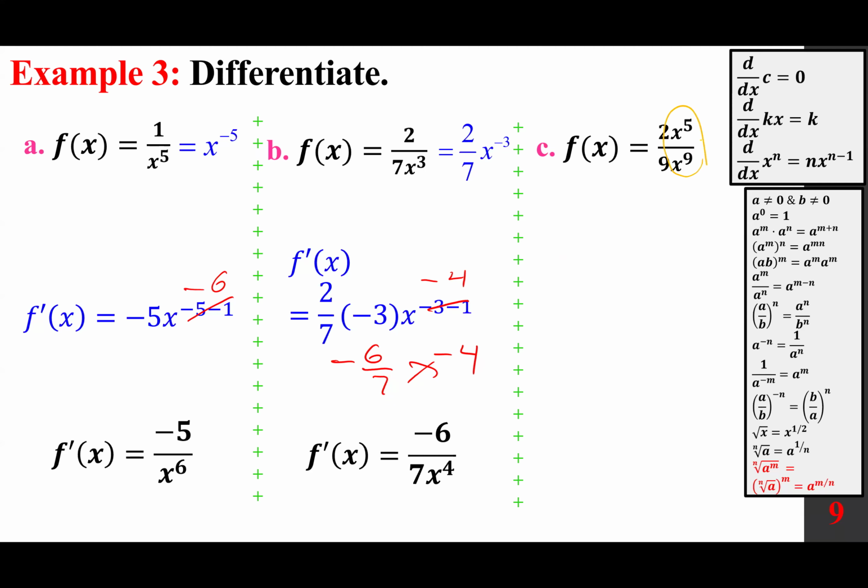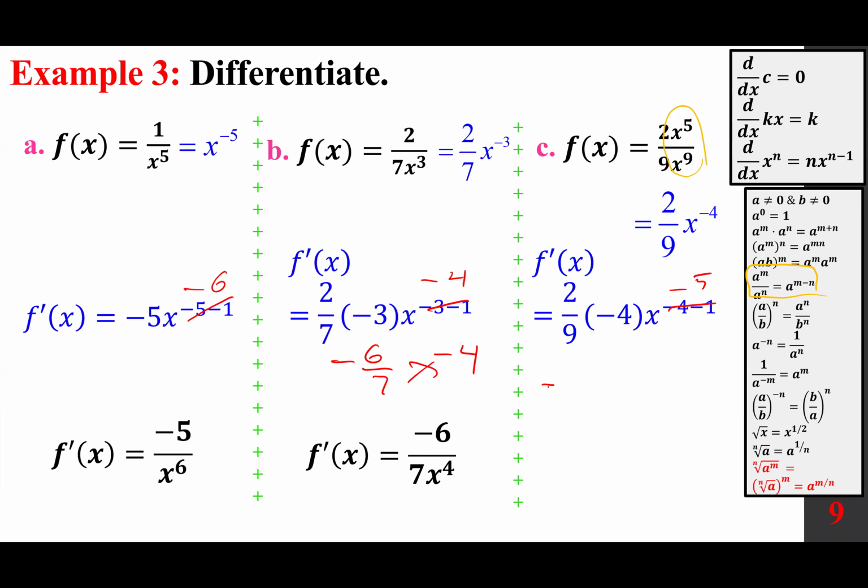This one, use the quotient rule, and we say 2 over 9 x to the power of 5 minus 9. That means negative 4. Getting it ready for the power rule, which means now I can differentiate this. 2 over 9 times negative 4 times x to the power of minus 4 minus 1, which is obviously minus 5.